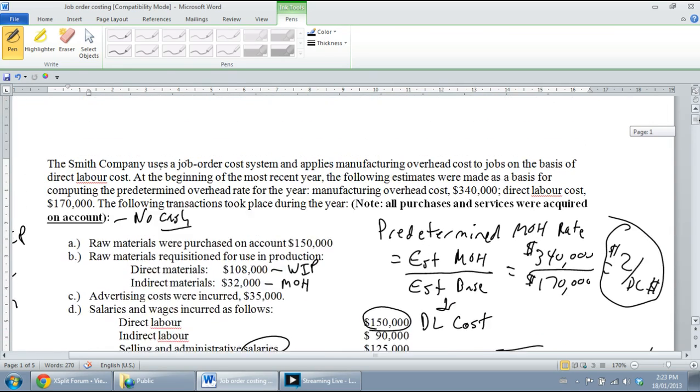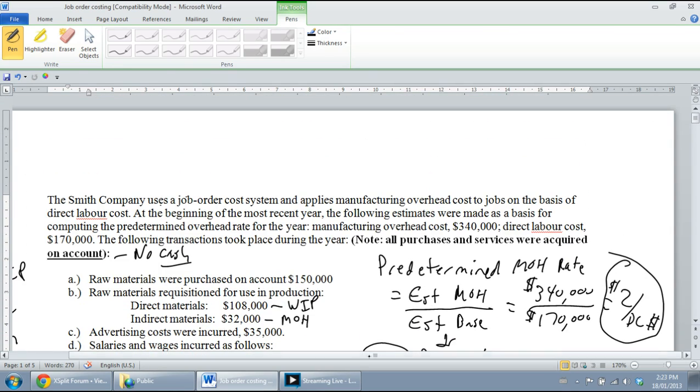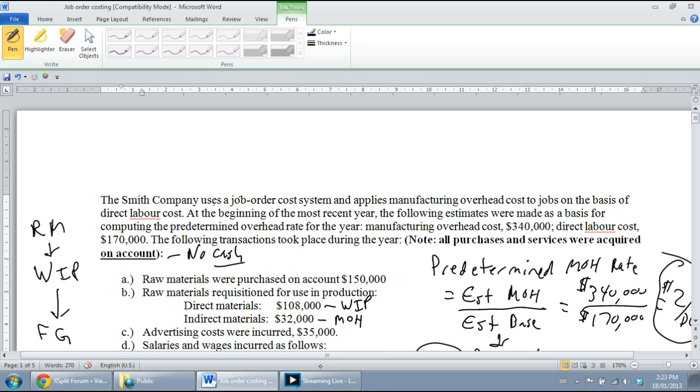So going way back to the very beginning of the question, we've always said the cost of any product is the material plus the labor plus the overhead. That's the cost of a product. When we put the material cost into a product, we debit WIP. When we put the labor cost into the product, we debit WIP.